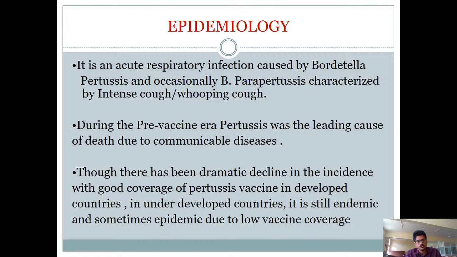Previously it was called cough fits, basically fitting cough, like fits or seizures. The cough is like that only. Continuously the child used to cough in bouts, cough, cough, cough, and then takes a deep inspiration with a whoop.